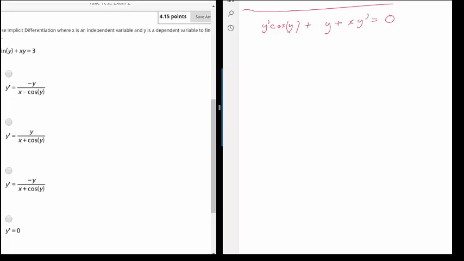Alright, so let's go ahead and group the y primes together so that we get y prime times cosine y plus x. We're going to move this x over here, y over there, so that we get a negative y, divide through, y prime equals negative y divided by cosine y plus x. Alright, and so it looks like that first guy is going to be our answer.